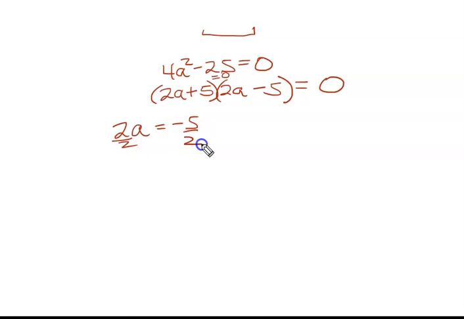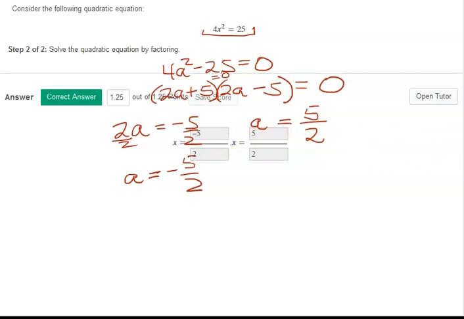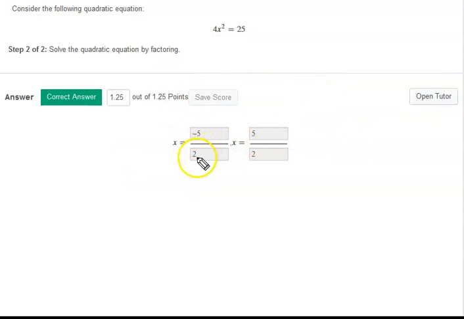Divide both sides by 2. So a equals negative 5/2. And here we can do this mentally. Transpose that, it becomes a positive 5. So a equals 5 divided by 2. One's a negative value, one's a positive value. And if we clear this up, there are our solutions.